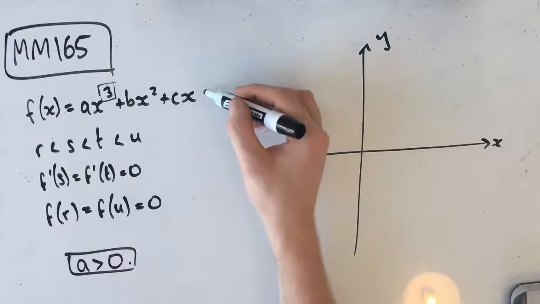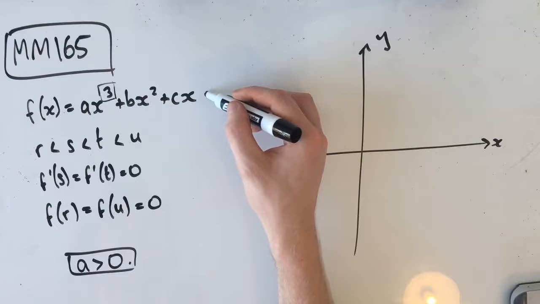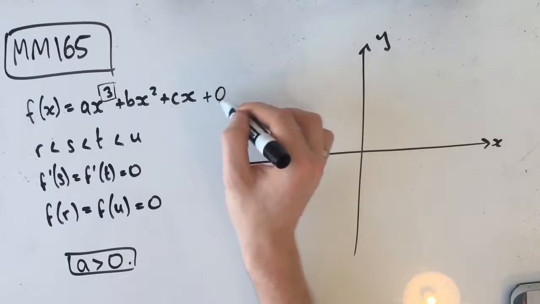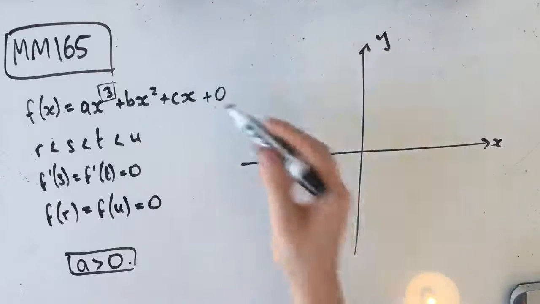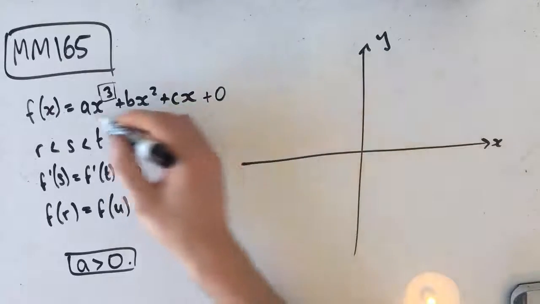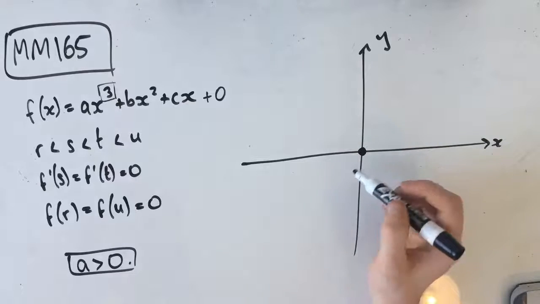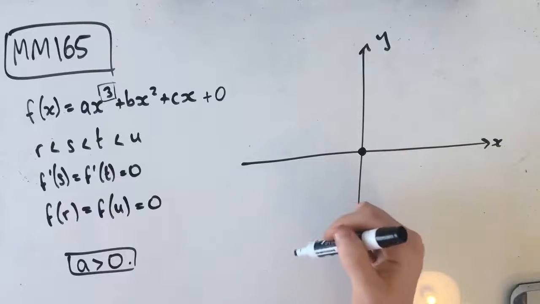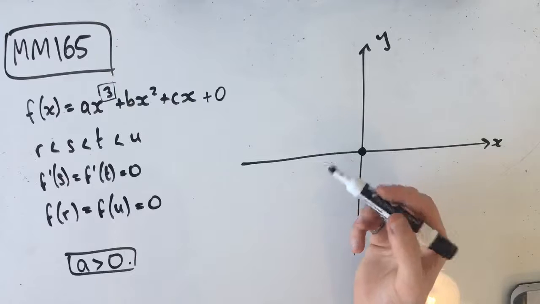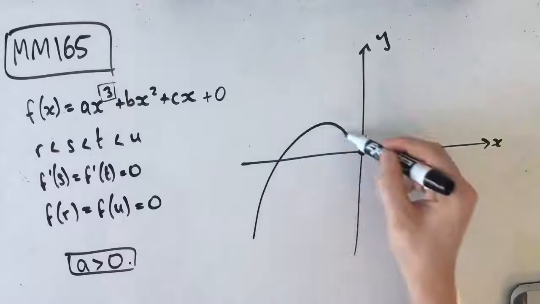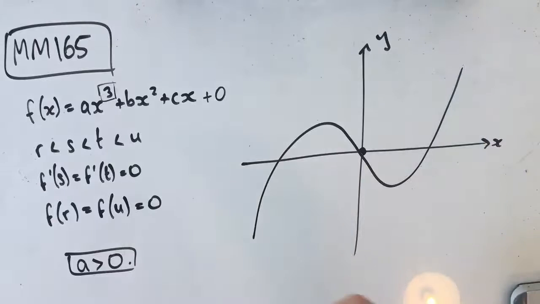We can also see that this cubic does not have a constant on the end. There's no c value, which means that our y-intercept of this graph is 0, right? So it passes through 0, 0. It is a positive cubic, and that means that it's going to look something like this.